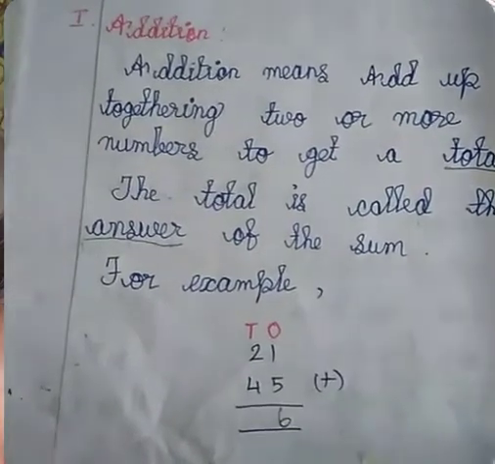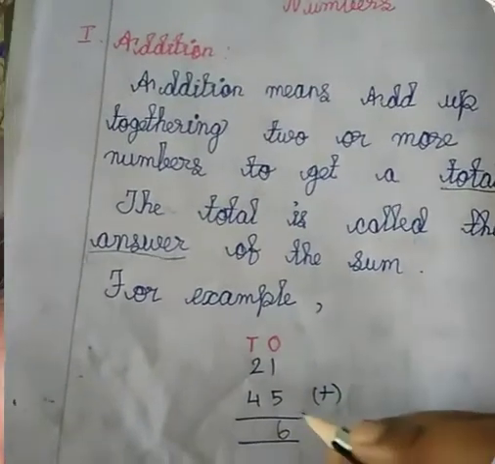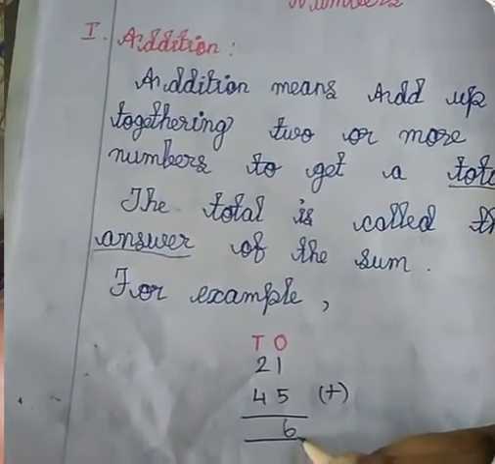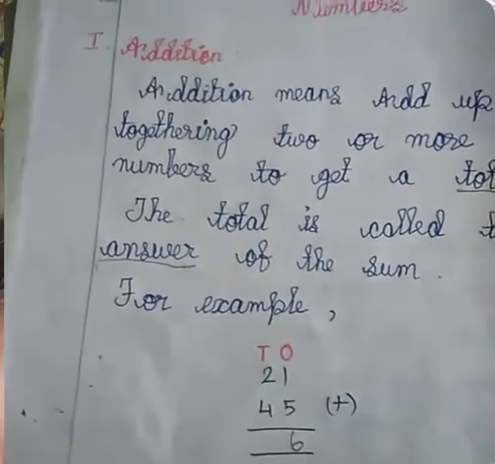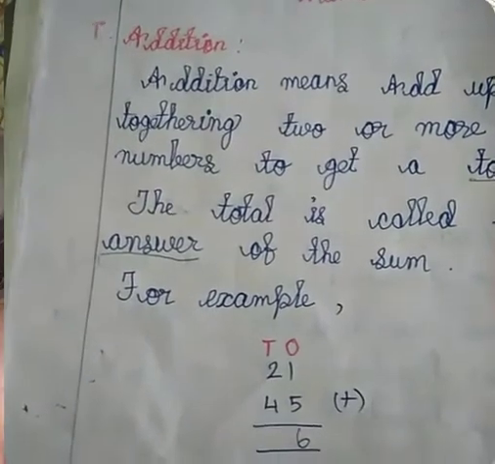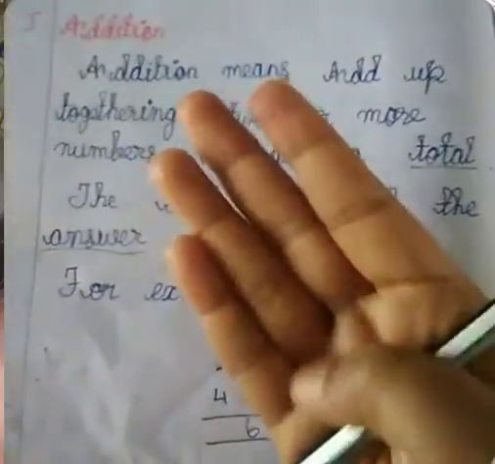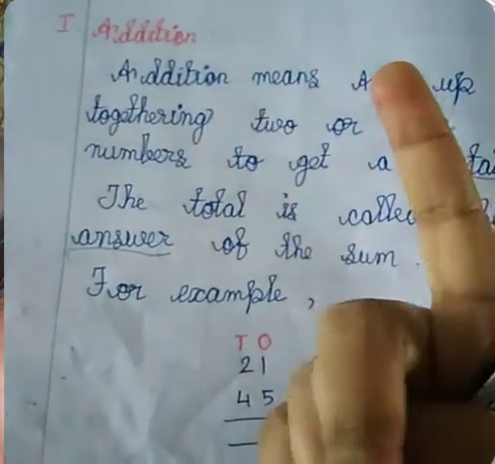In the answer space you write the ones place adding answer. Second, you add the tens in the tens place. First you keep the number 2 in your mind and 4 on your fingers. 2 after that, 3, 4, 5, 6.